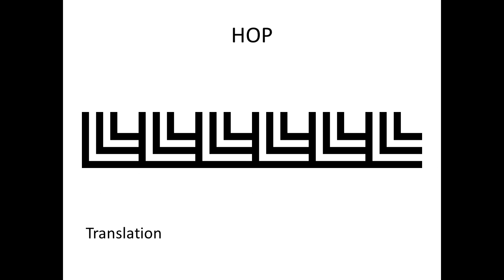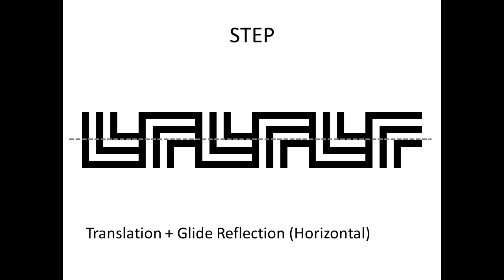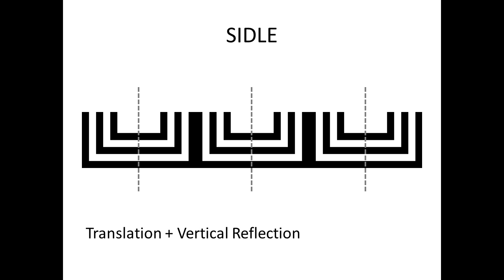We can also look at these, instead of as feet, with this pattern. So we can see a hop has this pattern that emerges. Then we have a step where we're having a glide reflection, so it's moving and then being flipped on this horizontal axis. You have a sidle, again, where it's translating, and they're all translating and having a vertical reflection.